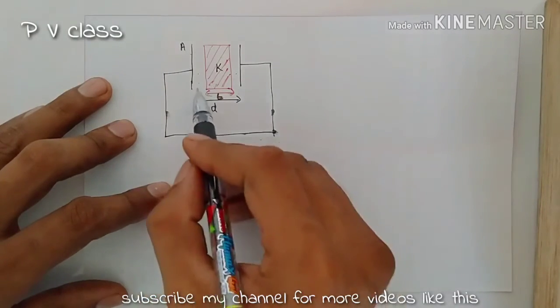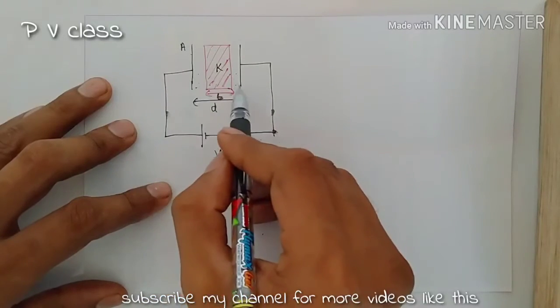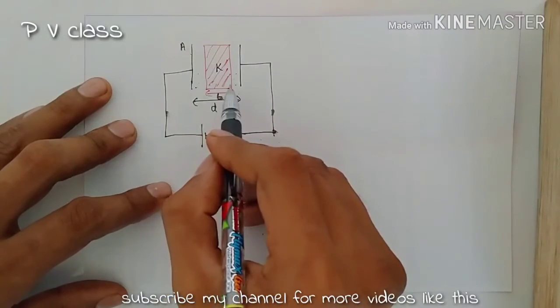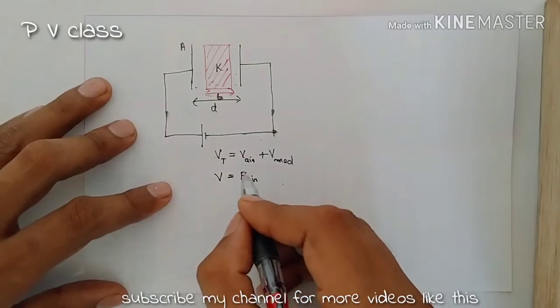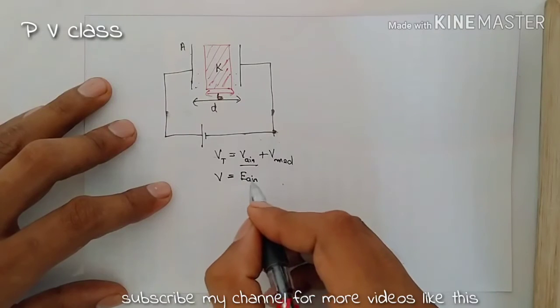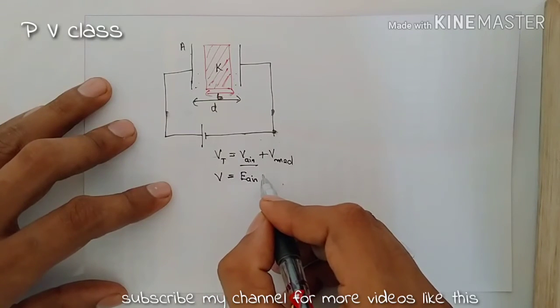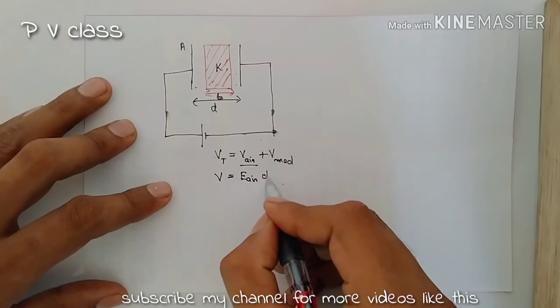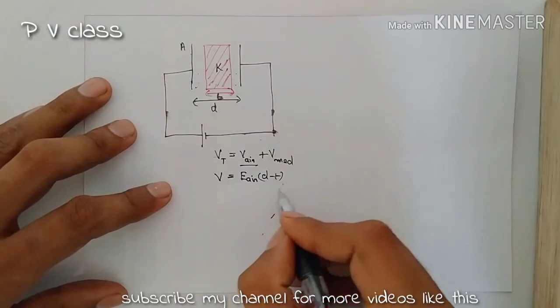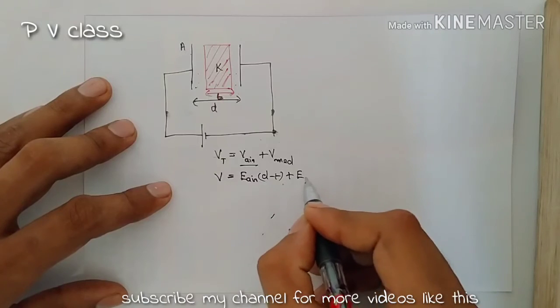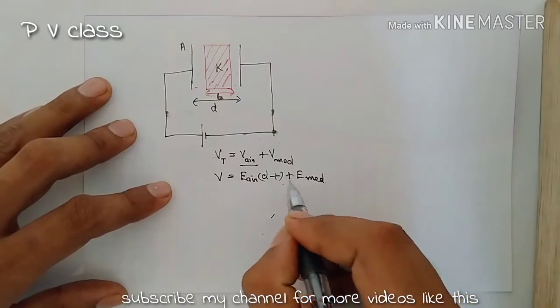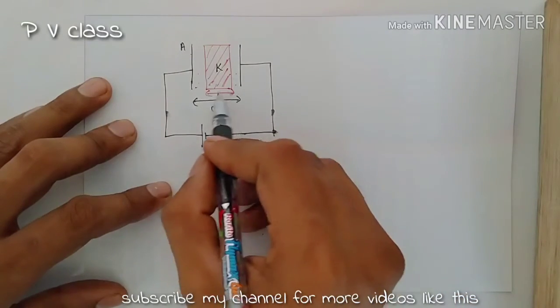No. This region is with air, therefore air is over a thickness of D minus T. Therefore, potential is equal to the potential in air, electric field intensity in air into D minus T, plus the potential in medium, which can be written as electric field intensity in medium into the distance where the medium is present.